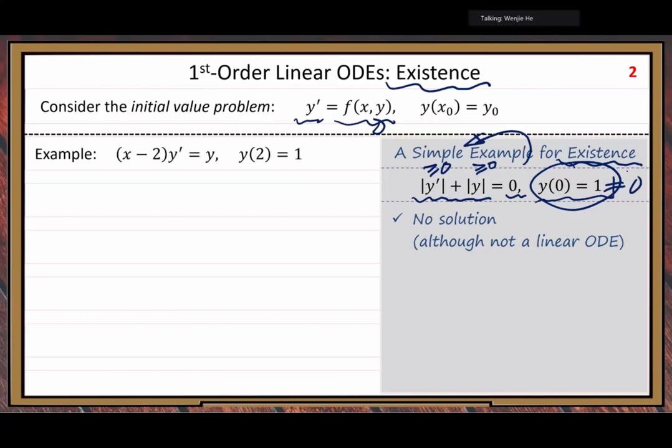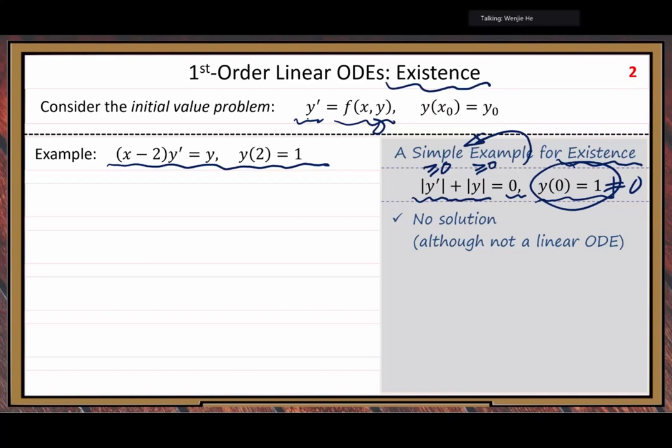All right. Then let's look at another simple first order ODE. We also want to see this existence problem, and this one is non-trivial.